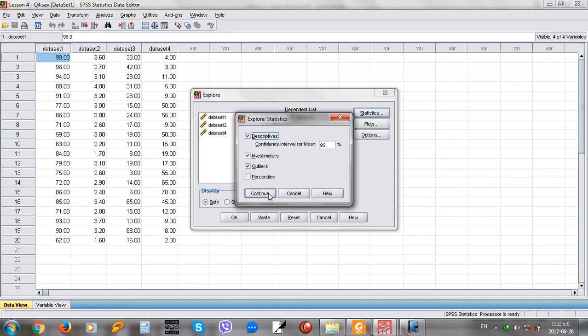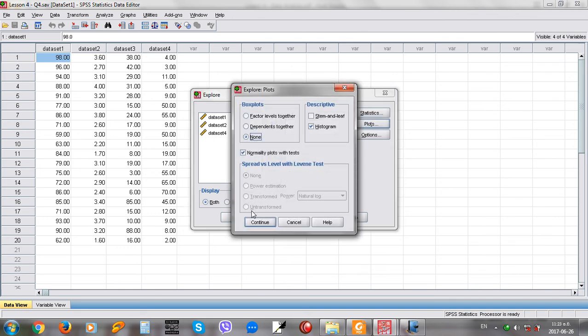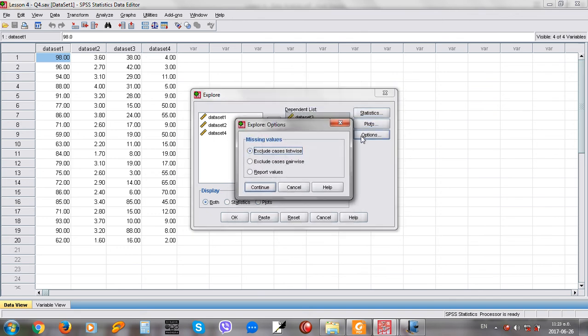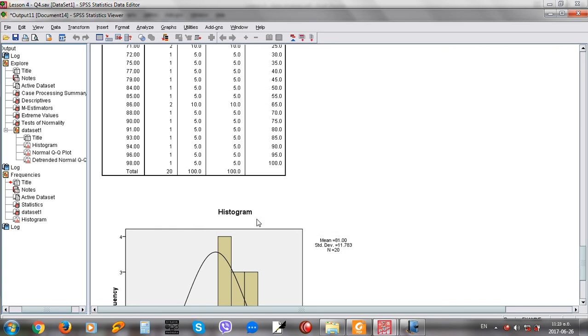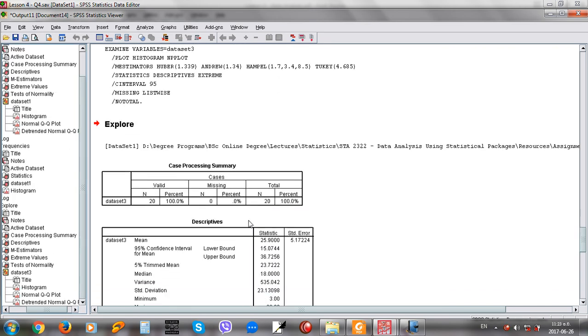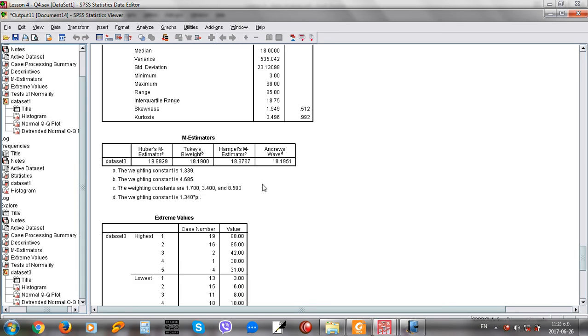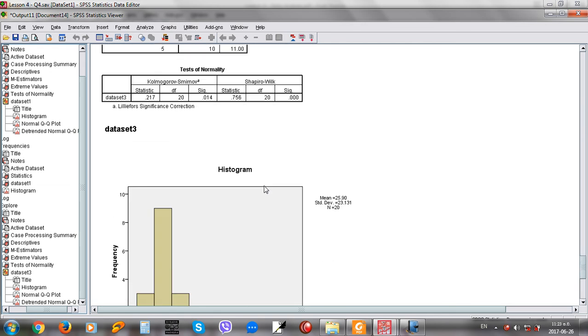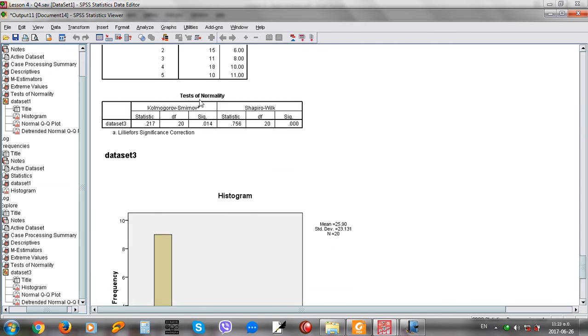Statistics, plots, same plots, options, okay, then okay. Now we'll see what happened. Explore. Now we consider the test for normality. What is our value? 0.0. It means less than 0.05. What is the meaning? Our data set is not normally distributed.